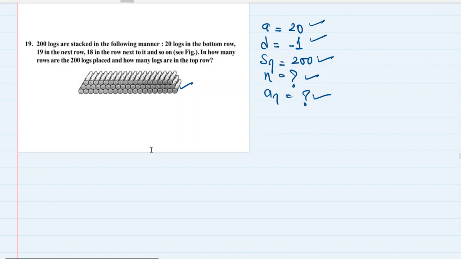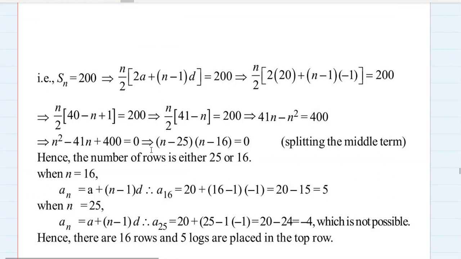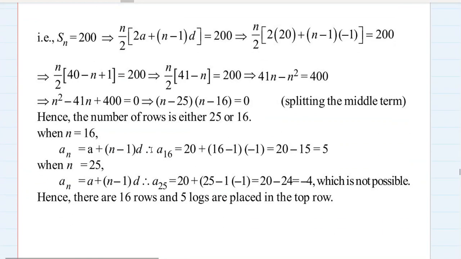Okay, let's see if you have done it or not. Okay, so n is 25 or 16. There are two answers because you get a quadratic equation that splits in the middle term. So either n is 25 or 16. When n is 16, the number of logs in the last row is 5, and when n is 25, the number of logs in the last row is minus 4, which is not possible.